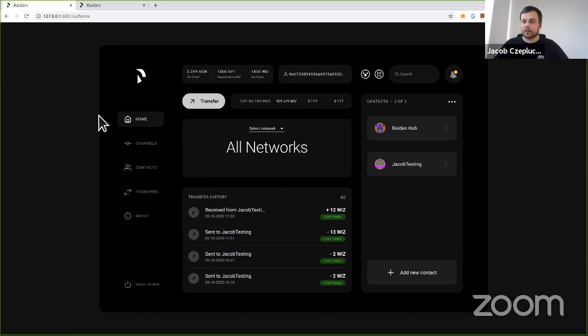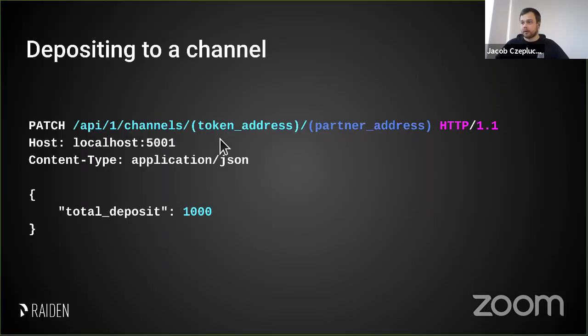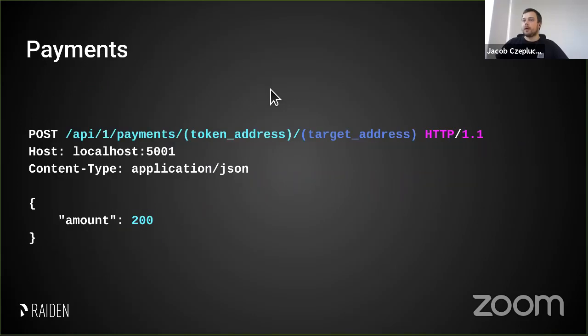Where are my slides? Yeah, so that was a bit about this. Doing payments, I just showed that, but basically what you need is the token address of the token you want to send, and of course the target address. The target address can be someone that you're not directly connected to if there is a path, as I explained earlier.